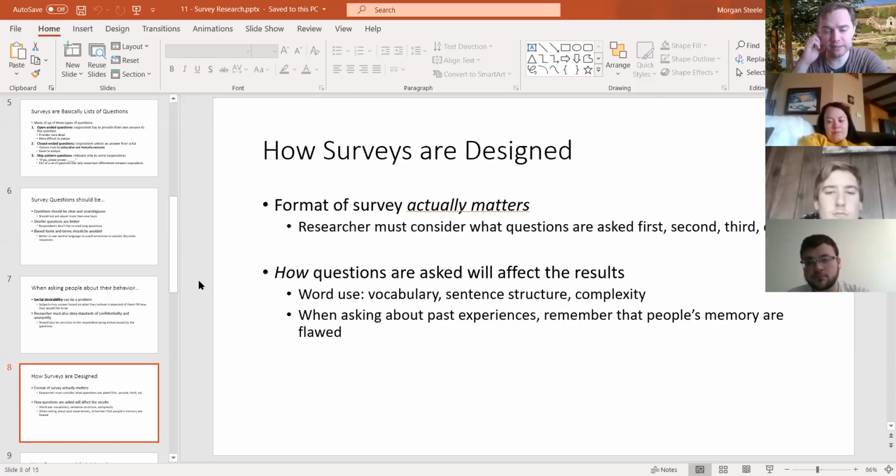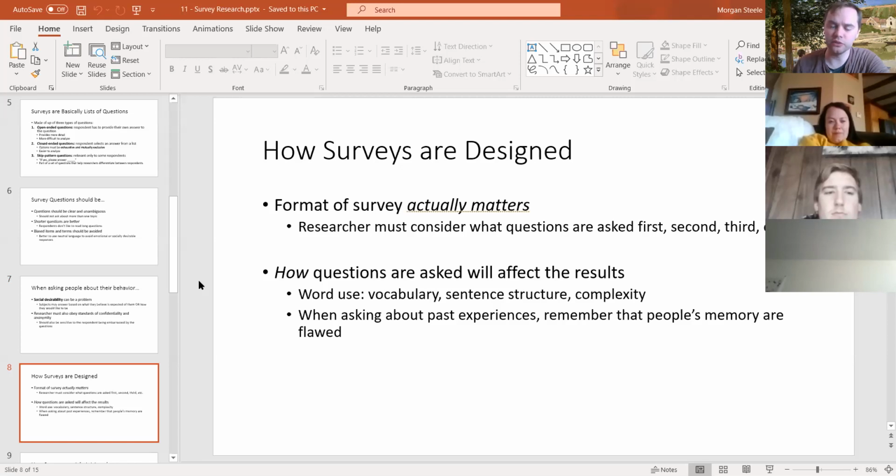And related to that, the researcher also has to consider how they're asking the question. So things like word use, sentence structure, complexity is going to vary based on who they're trying to survey. So a survey of college students is going to look very, very different than a survey of middle school students. Make sense? It's not just what we're asking, but how we're asking it.